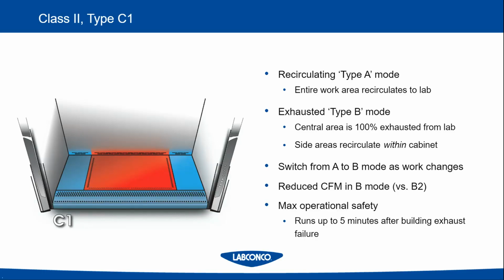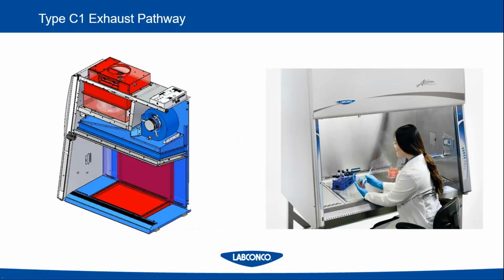And the type C1 also has a really interesting safety feature, and that is a second blower. So here's kind of a cutaway of a type C1 biosafety cabinet. You can see the blue blower on the right side provides the downflow that would cover the entire work area, and also the recirculating exhaust on the sides. But the red blower on the left exhausts the center work area through a separate channel, and that would go outside the building.